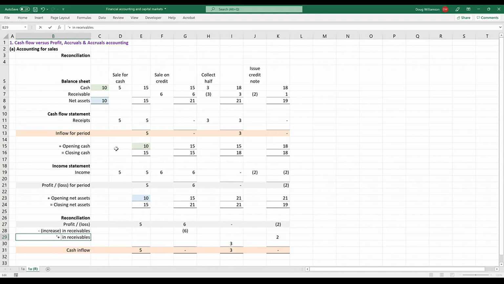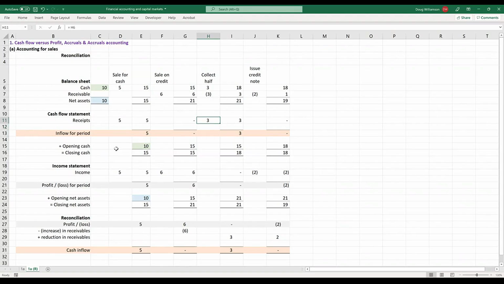Reduction in receivables. In the next period, we collected 3 that was previously owing. So here we collected half of the 6. We were owed 6, we collected 3 of it. 3 is a receipt.